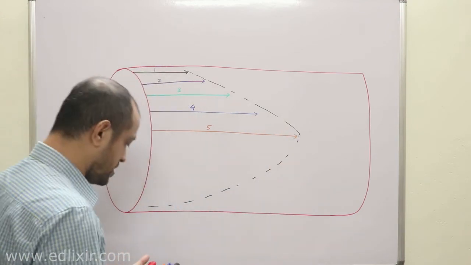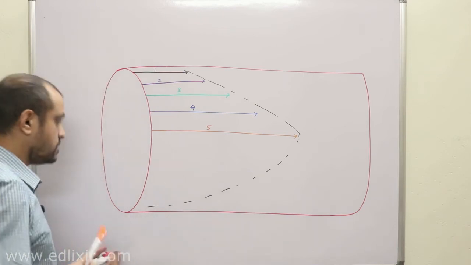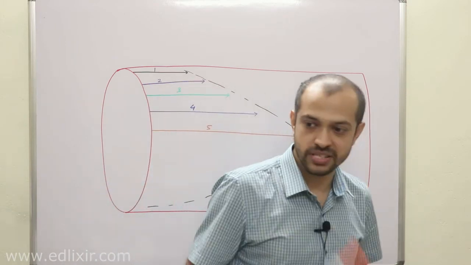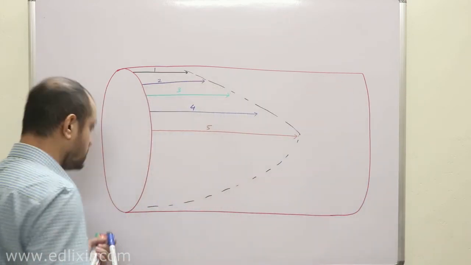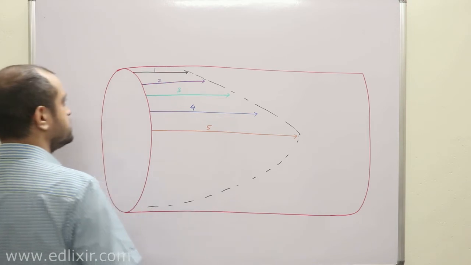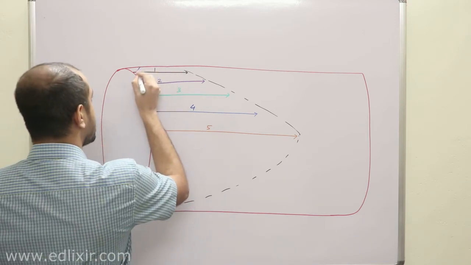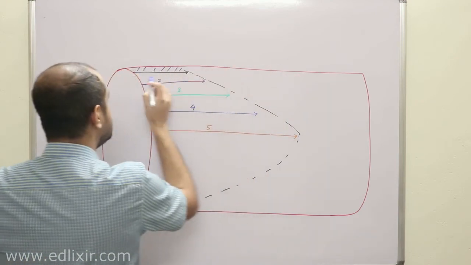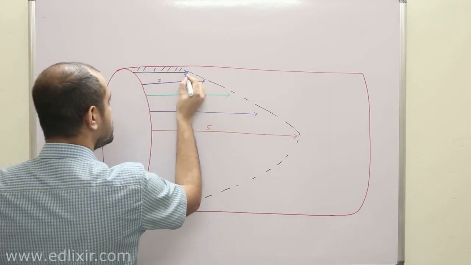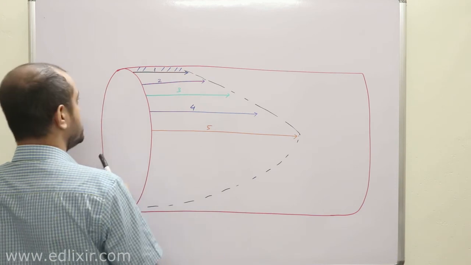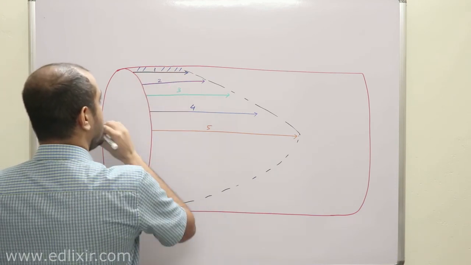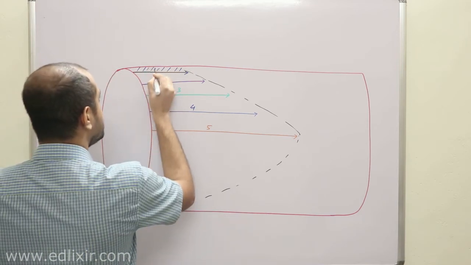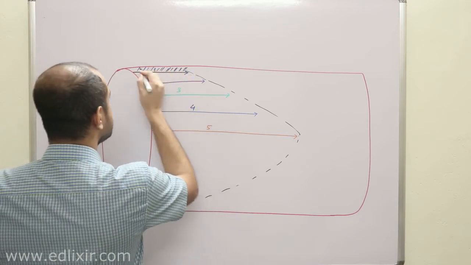Now the important point you need to understand is what this diagram is actually representing. Now listen with all your attention. The first layer, which is directly associated with the blood vessel, cannot move freely because it is in contact with the blood vessel, right?